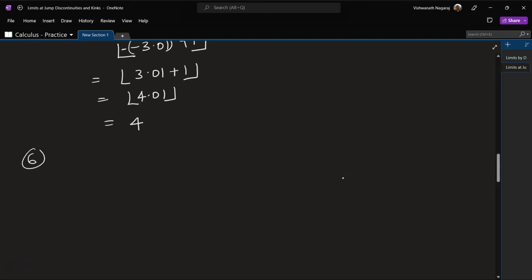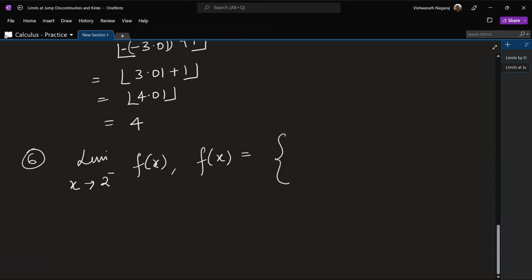Okay, sixth one, limit as x approaches 2 from the negative side of f of x, where f of x is equal to x by 2 minus 1 when x is less than 2, and minus x minus 1 when x is greater than or equal to 2.